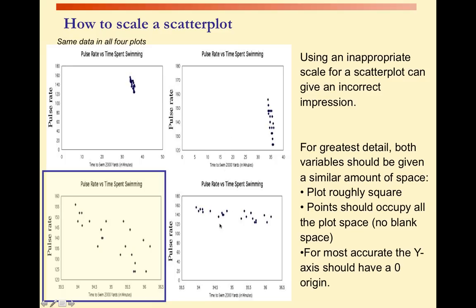So you can see that these things give a deceptive or misleading view of what the relationship is. This one gives a more objective view. So what you want to do, when you do your scatter plot, is try to plot roughly square units. Try to make them equal and cut out values for which data doesn't exist.